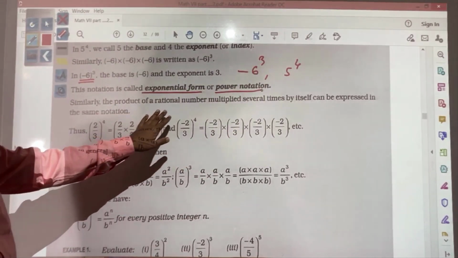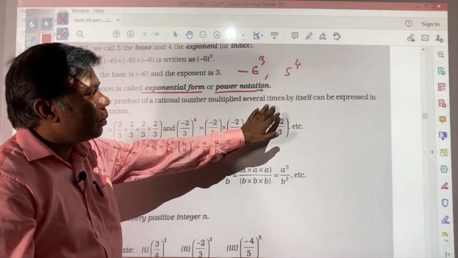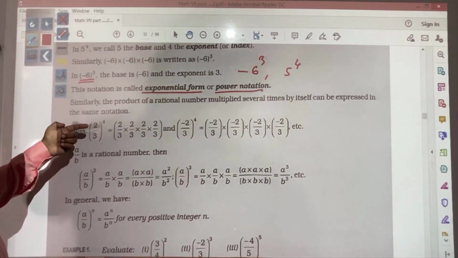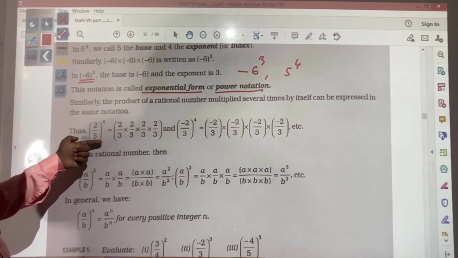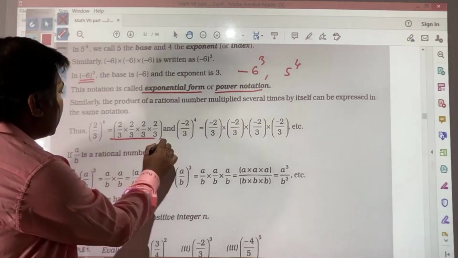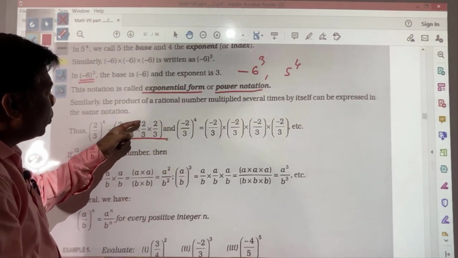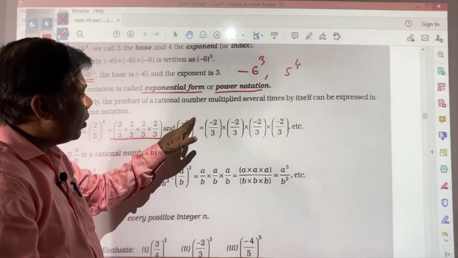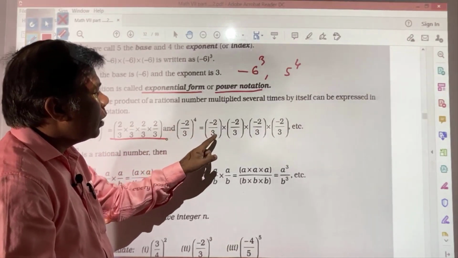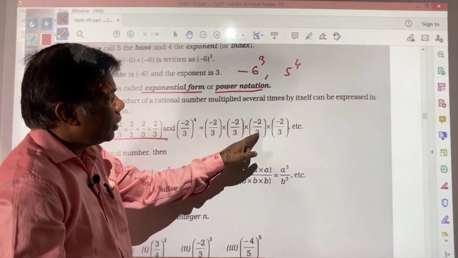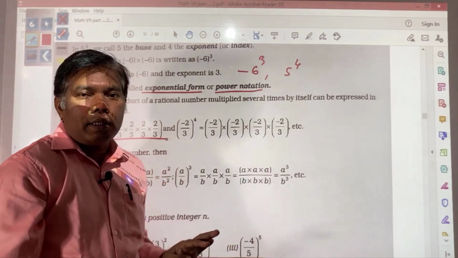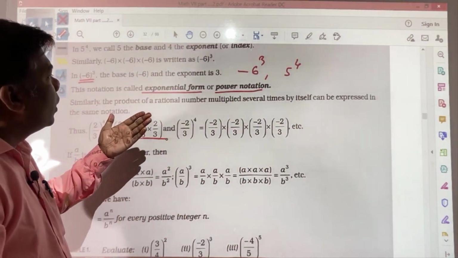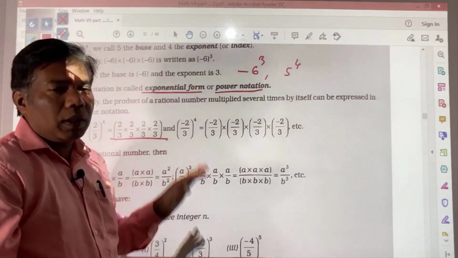Similarly, the product of a rational number multiplied several times by itself can be expressed in the same notation. Suppose we have 2 by 3 to the power 4. This is written as 2 by 3 into 2 by 3 into 2 by 3 into 2 by 3, and minus 2 by 3 to the power 4 is equal to minus 2 by 3 into minus 2 by 3 into minus 2 by 3 into minus 2 by 3, etc. So even rational numbers can be represented in exponential form.